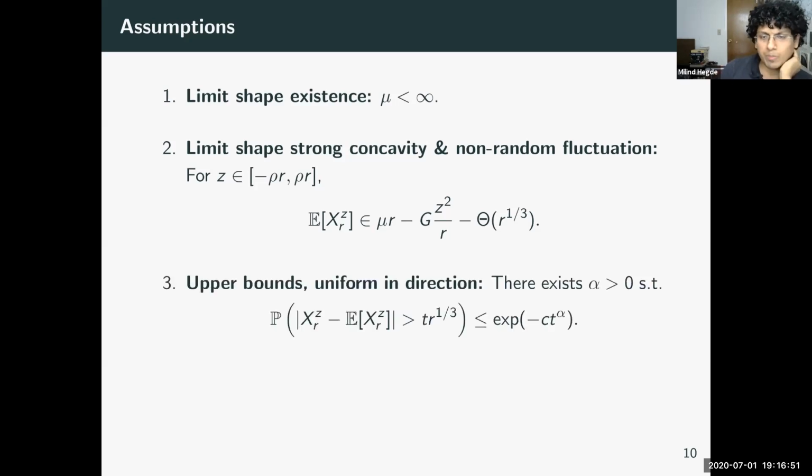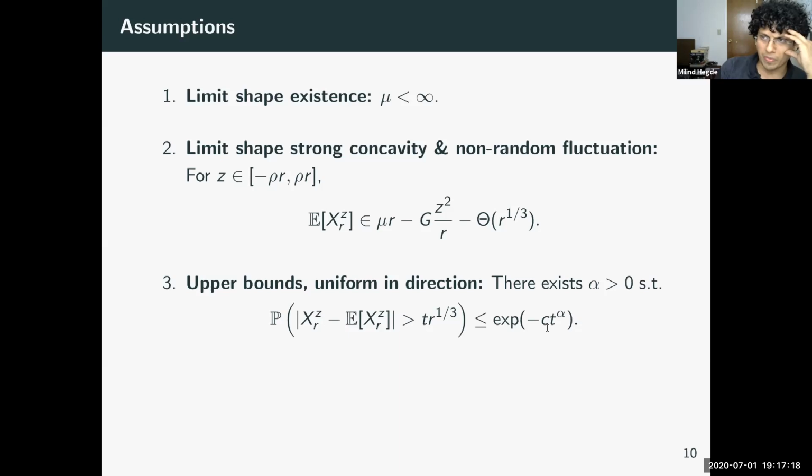The third assumption encodes this fluctuation in a slightly different sense. It says that the probability that you fluctuate away from this expected value decays in a stretched exponential manner. So there is some small positive alpha such that the probability of going above by t on the correct scale is at most e to the minus t to the power alpha.